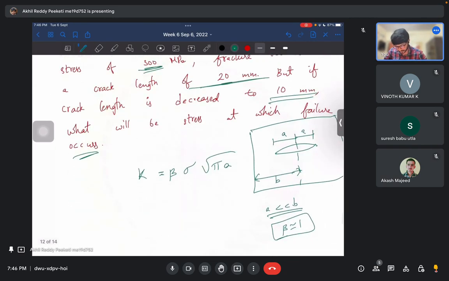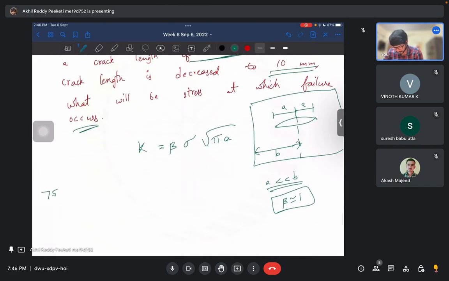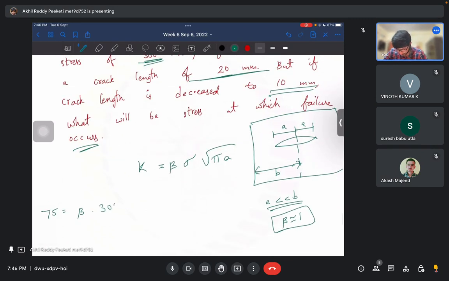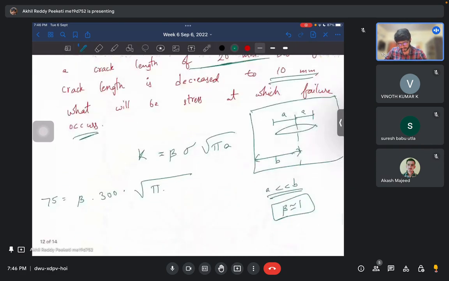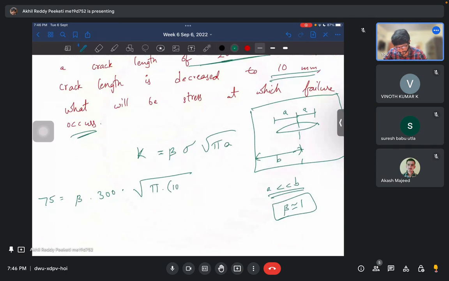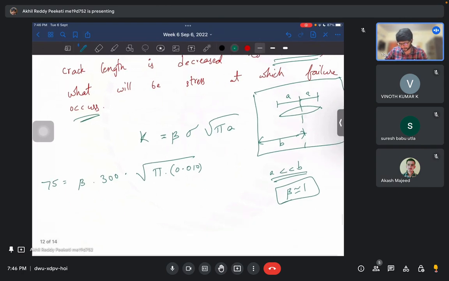So K is given as 75, beta, and sigma is given as 300, into root over pi. The total crack length is 20 mm, so a is 10 mm, so 0.010. If you solve for this, you will actually get beta.